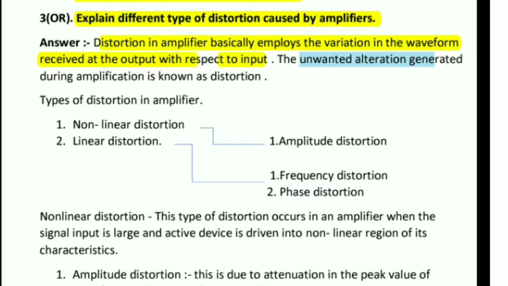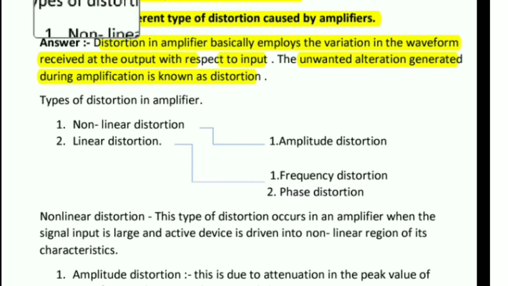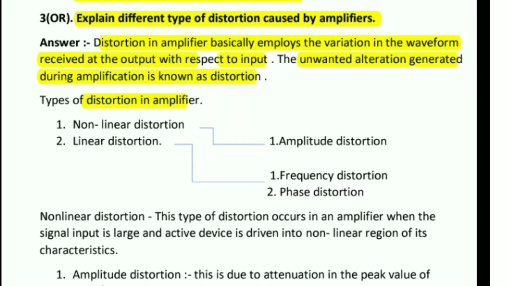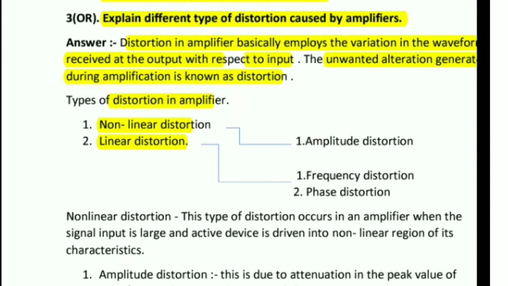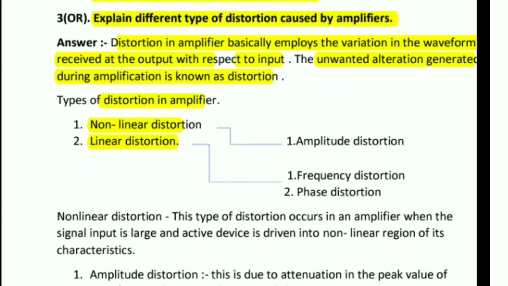The unwanted alteration generated during amplification is known as distortion. The types of distortion in an amplifier are linear distortion or non-linear distortion. Linear distortion includes frequency distortion and phase distortion, and non-linear distortion is amplitude distortion.